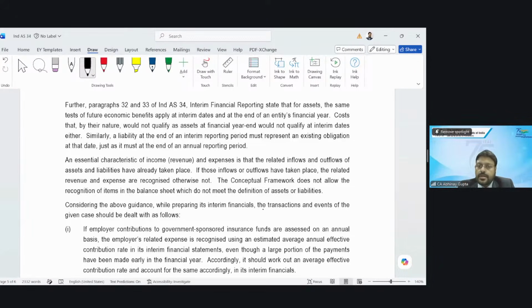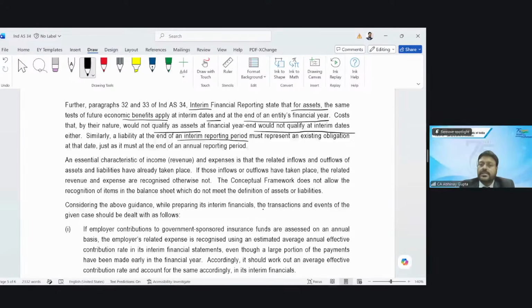learning these para numbers. As per the standard, Interim Financial Reporting states that for assets, the same test of future economic benefits applies at the interim dates and at the end of the financial year. Costs that by their nature would not qualify as assets at the financial year end would not qualify at interim dates either. Similarly, a liability at the end of the interim financial reporting period must represent an existing obligation on that date.